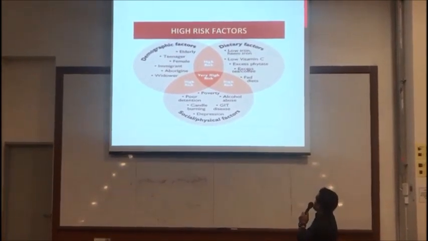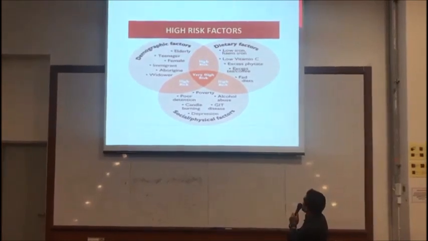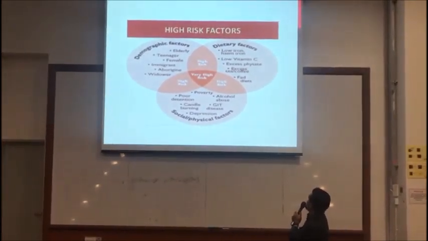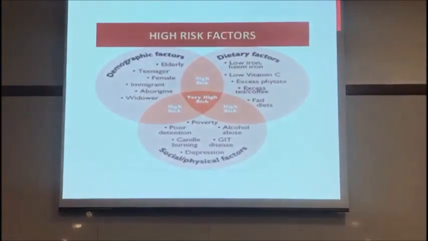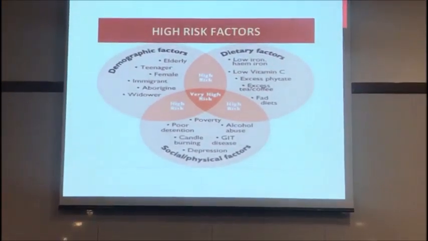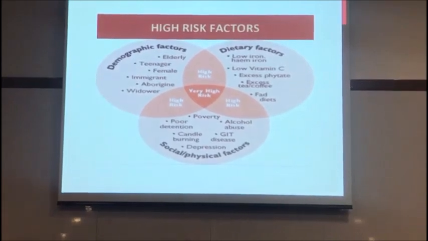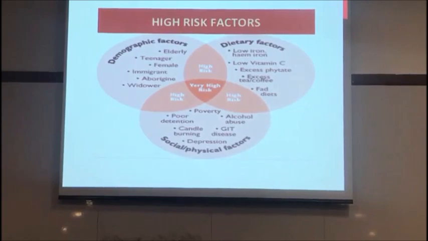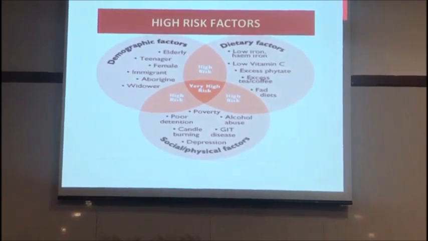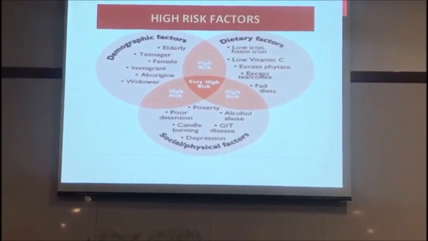From dietary factors, low iron, low heme iron, low vitamin C, excess phytate, excess tea or coffee, and fad diet. From social or physical factors, poverty, poor retention, candle burning, alcohol abuse, GIT disease, and depression.